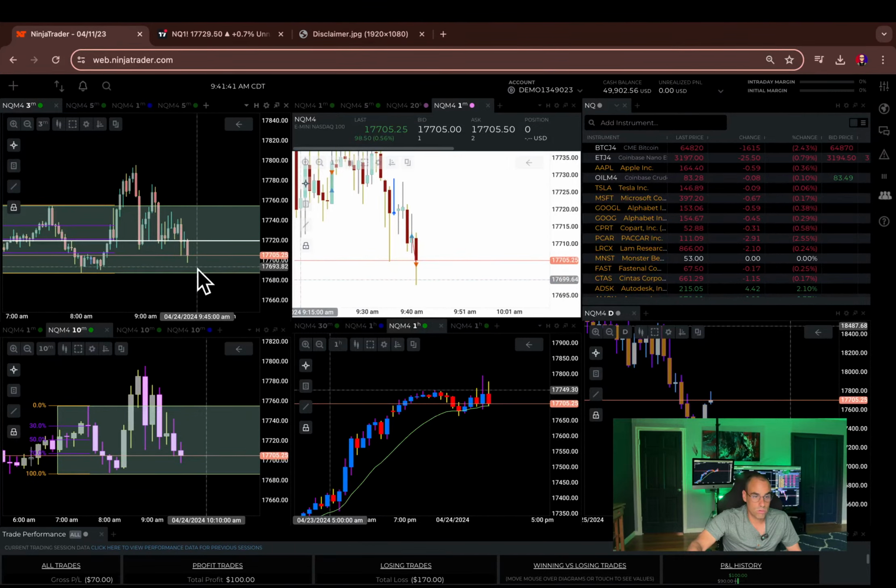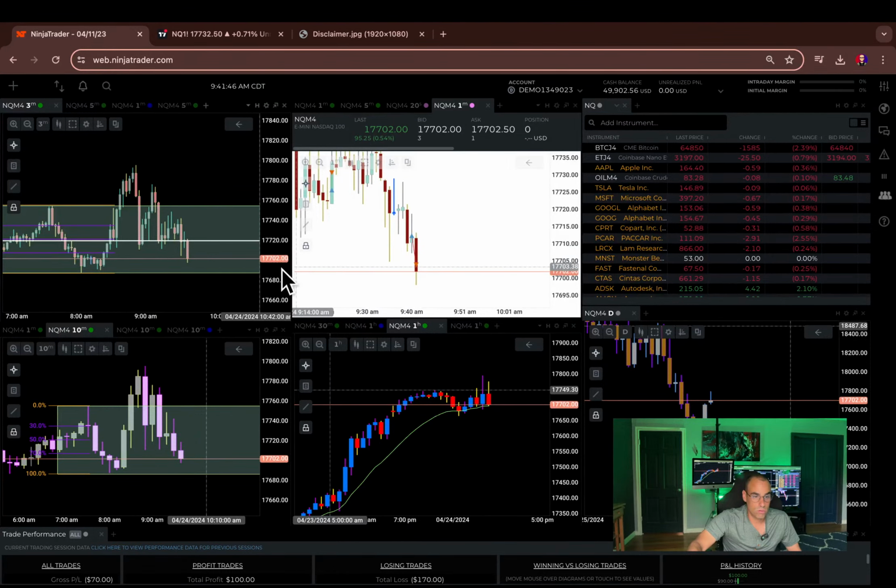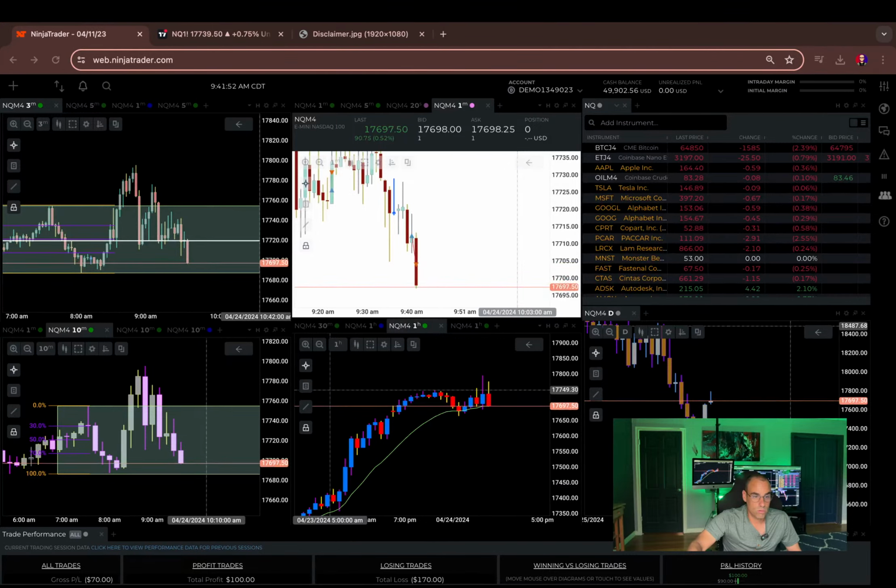Now we're cooking. Now we're gonna be bullish, especially the way price is moving at the moment. So we might recover with a good entry here.